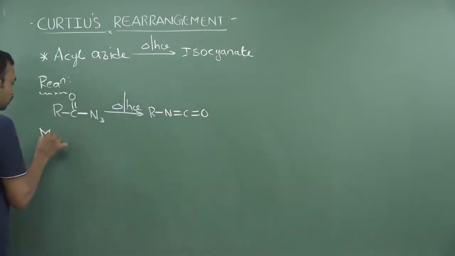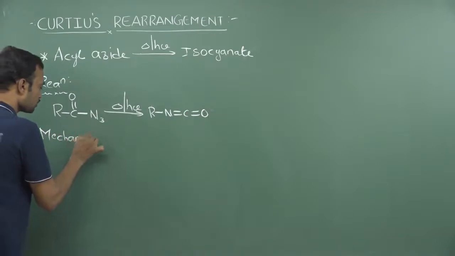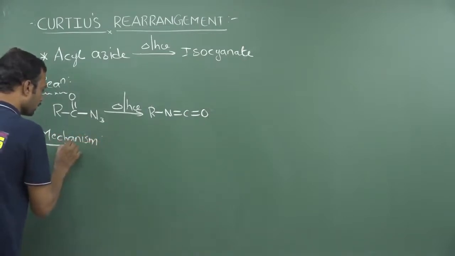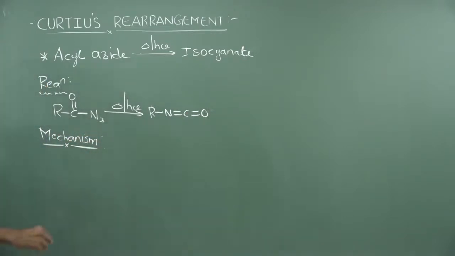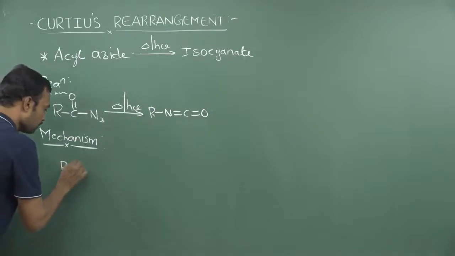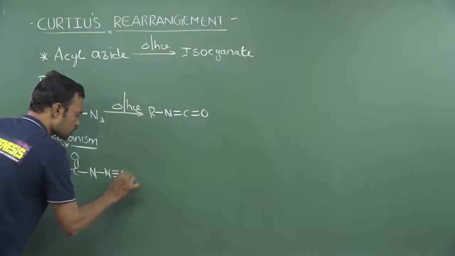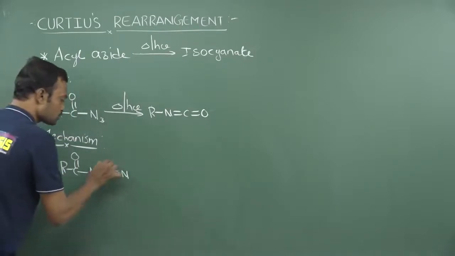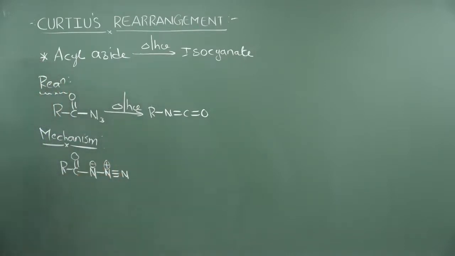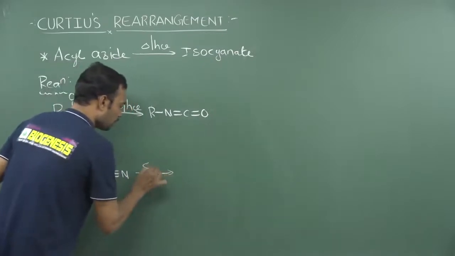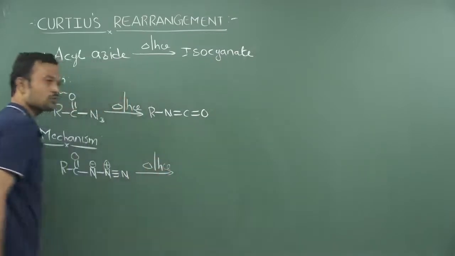Okay. And if you go through the mechanism involved in this reaction, you can write clearly about this acyl azide. So I am writing clearly R-C=O, nitrogen, and this nitrogen carries a triple bond, with a positive charge and a negative charge. Thermally we are rearranging, or photochemically also we can rearrange.